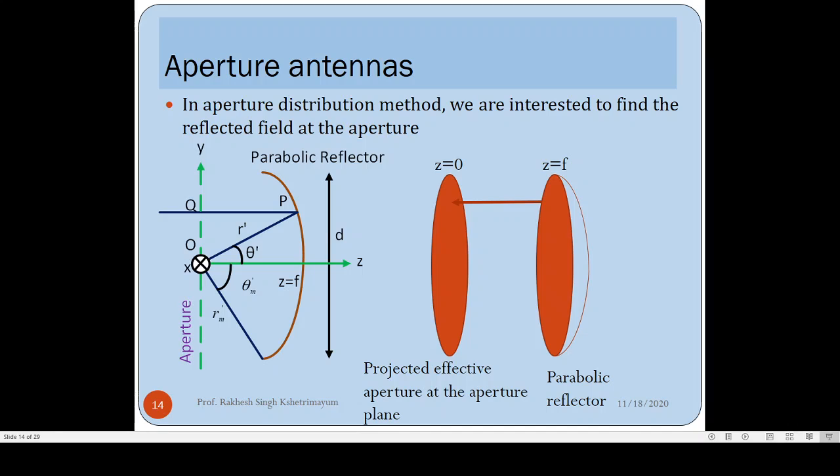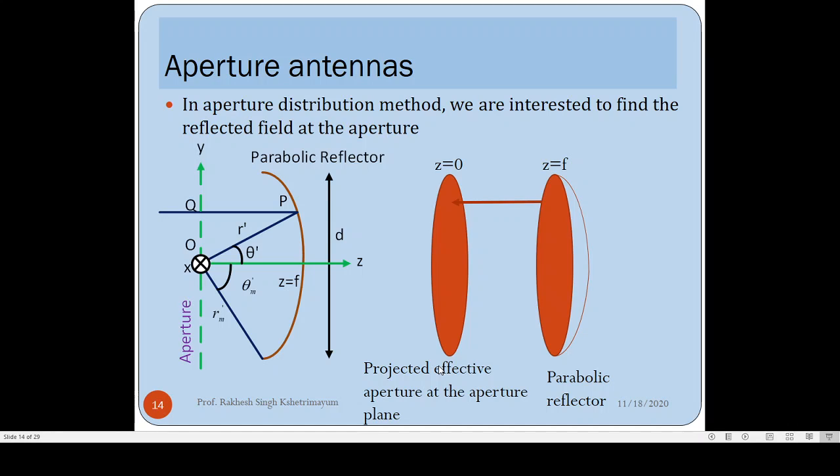Because of this projection, what we are discussing is a method called the aperture distribution method. In this method, I consider the aperture at the plane z equal to 0, and this aperture is a 2D structure, a projection of the 3D parabolic reflector at z equal to 0.